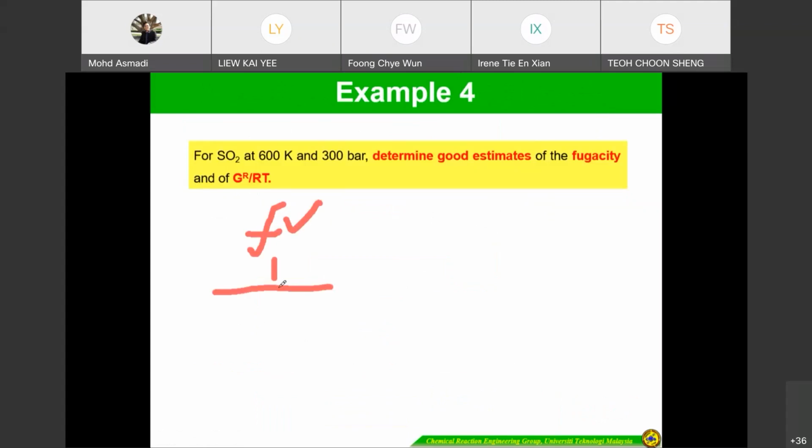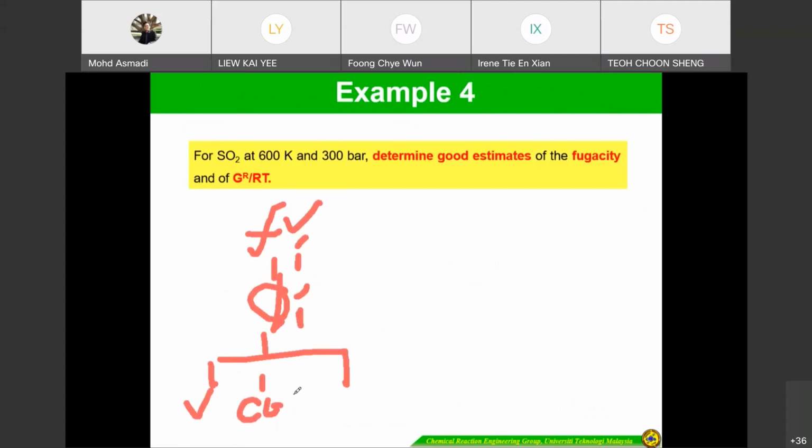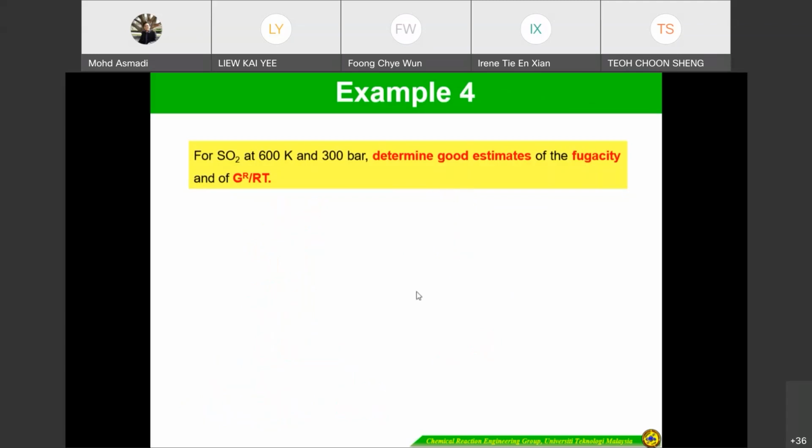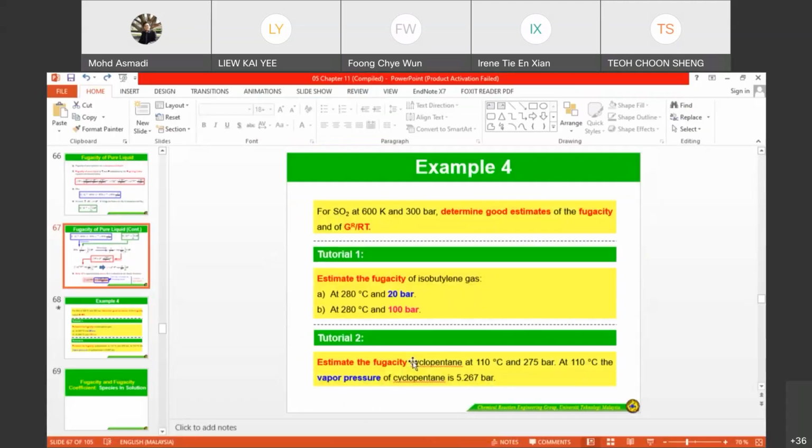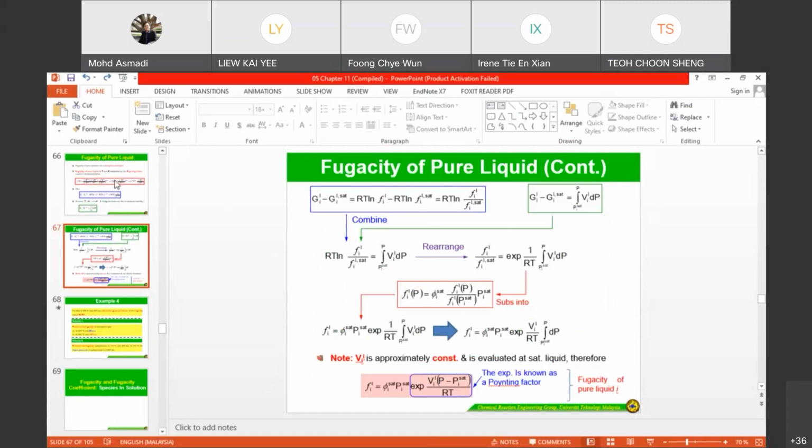You have to determine the fugacity coefficient for the vapor, using virial, then cubic equation of state, and generalized correlation. For the liquid FL, it is just the Poynting factor. Poynting, P-O-Y-N-T-I-N-G, Poynting factor.